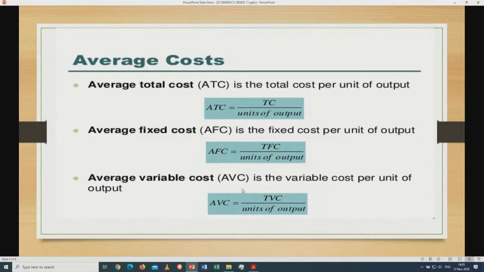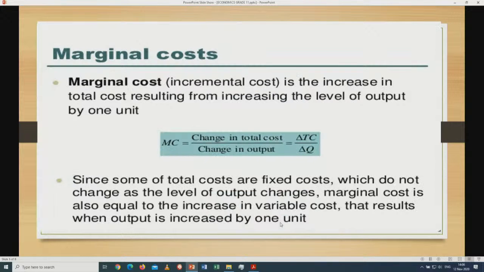And the average variable cost is the variable cost per unit of output. I hope we understand that. So here we have the total fixed cost, and here the total variable cost. And the two, remember we said the fixed cost and the variable cost, will give us the total cost, right?